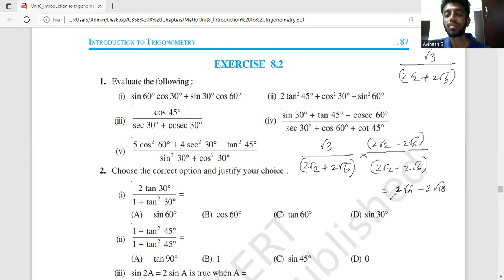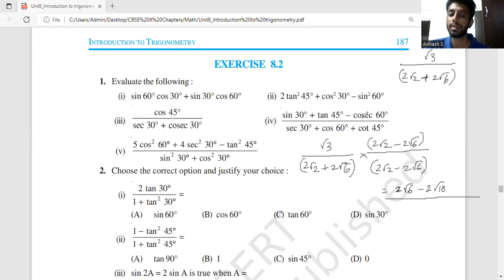But we need not take so much effort as we did in the numerator for the denominator, because the denominator is in the form a plus b into a minus b. Intentionally, we did it like that. As you can see, they are the same terms, but just the sign is different: 2 root 2 plus 2 root 6, 2 root 2 minus 2 root 6.